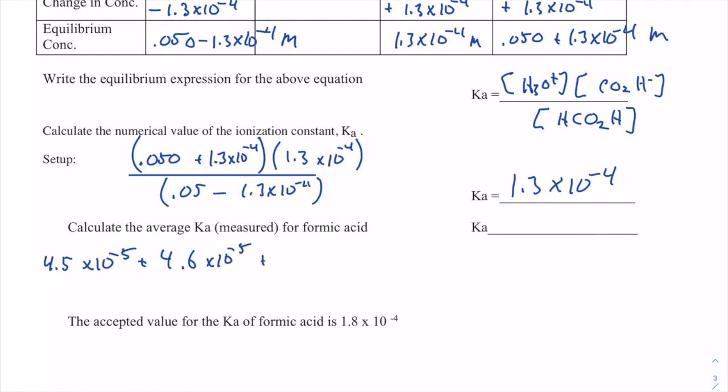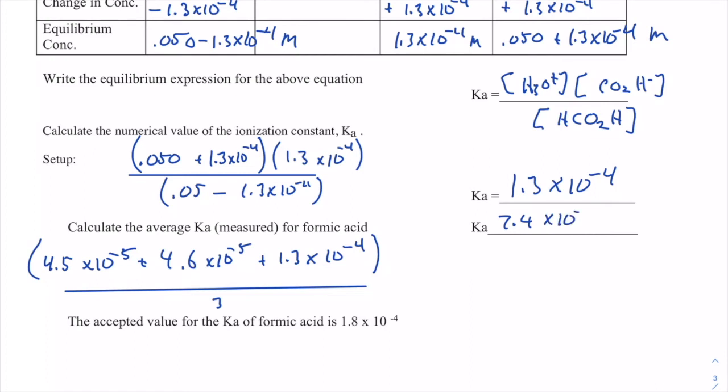And then this time it was a little higher at 1.3 times 10 to the minus 4th. We're going to add those together and divide by 3. And we get an average of 7.4 times 10 to the minus 5th. So that's our average experimental Ka.